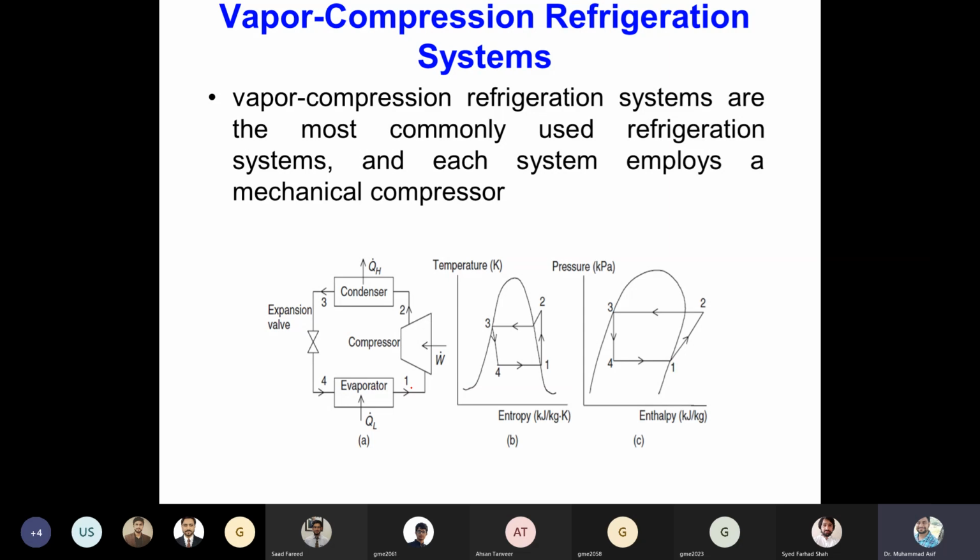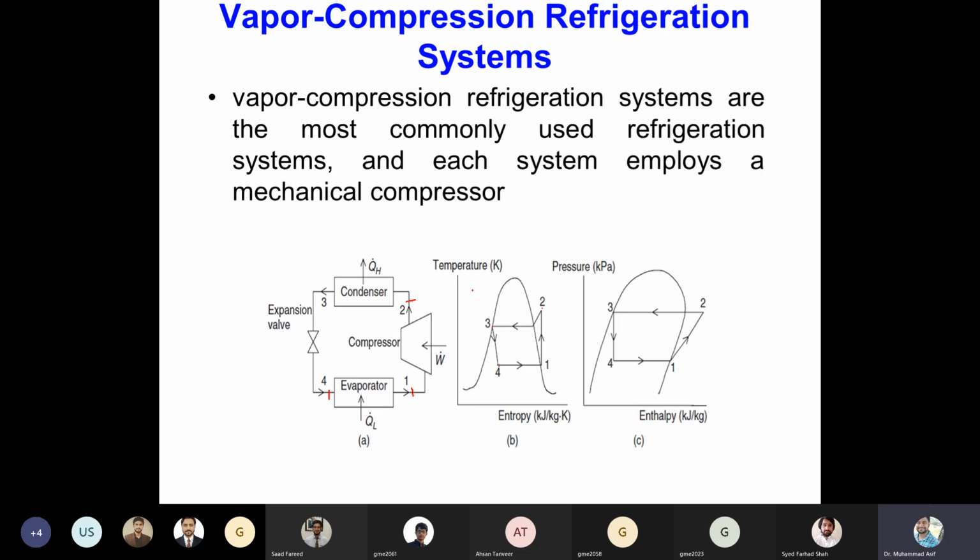For example, from 1 to 2 is the compression process, ideal isentropic compression. Then from 2 to 3 is a constant pressure heat rejection. Then from 3 to 4 is an isenthalpic process. And then from 4 to 1 is the heat absorption in the evaporator.